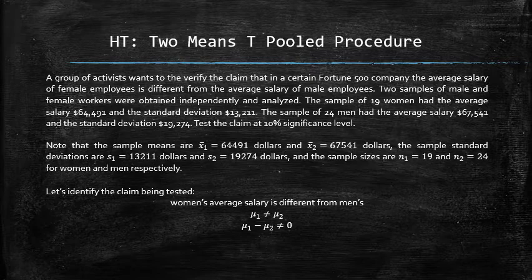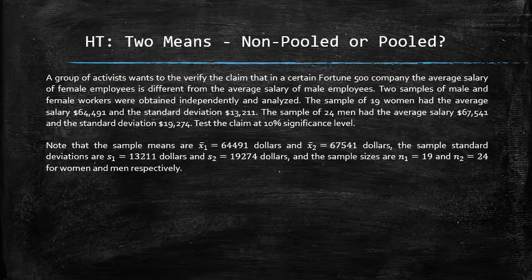Since the claim is about the population means and the population standard deviations are unknown, we will use the two means t procedure. But how do we choose whether it is pooled or non-pooled? We use t-pooled procedure when the standard deviations can be assumed equal. Otherwise, we use t-non-pooled procedure.